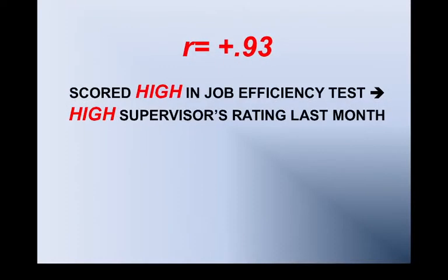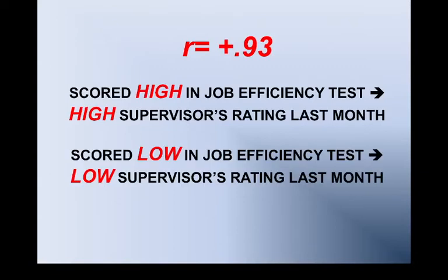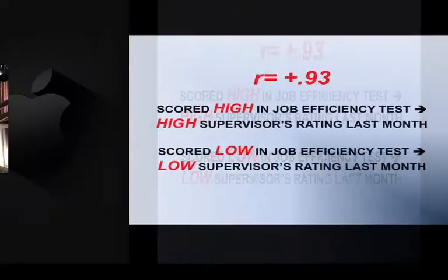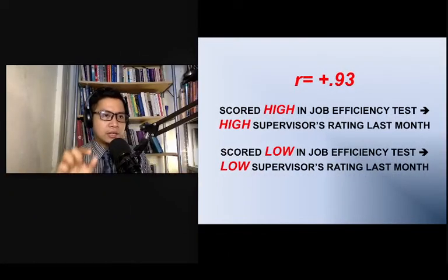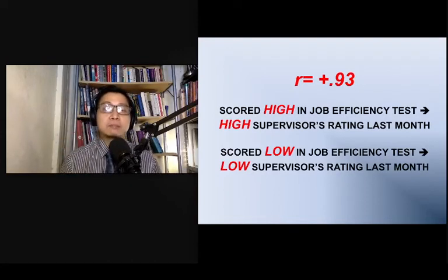Those employees who scored high in job efficiency test had high supervisor's rating last month, while those employees who scored low in job efficiency test happens to get low supervisor's rating last month. Ibig sabihin, yung job efficiency test na pinag-uusapan natin dito has the ability to predict supervisor's rating last month.